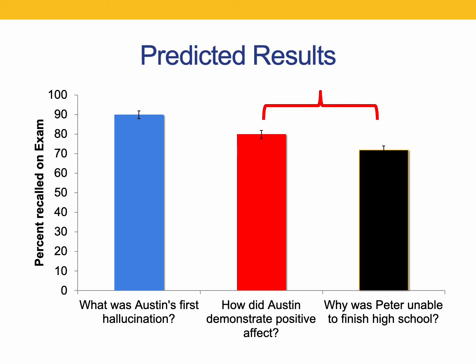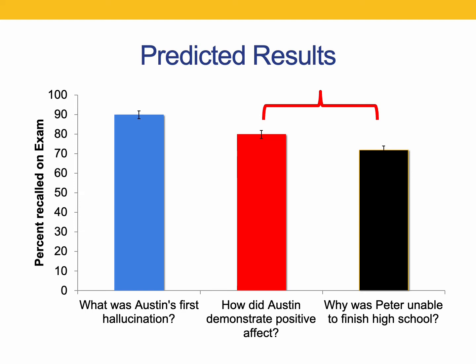So think to yourself for a minute, if you answered 10 questions about Austin, you could probably use the 10 questions that you answered to help you try to recall the rest of the information. And in fact, that was what was predicted for a long time.